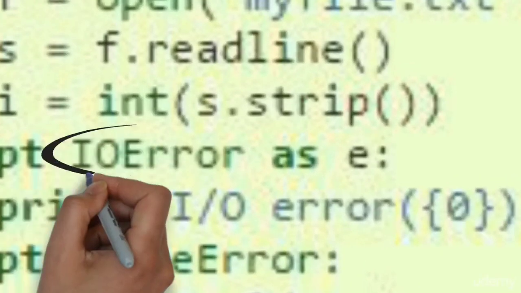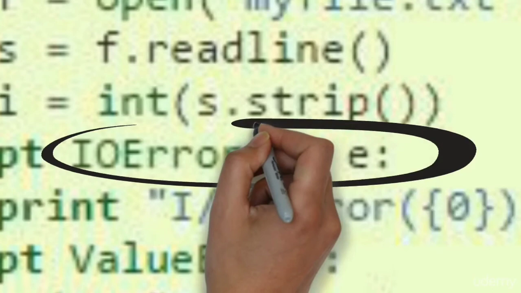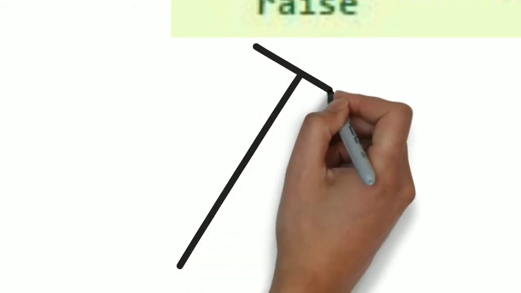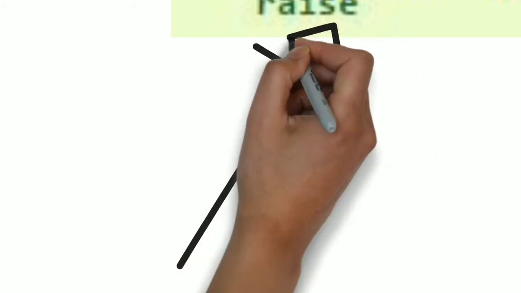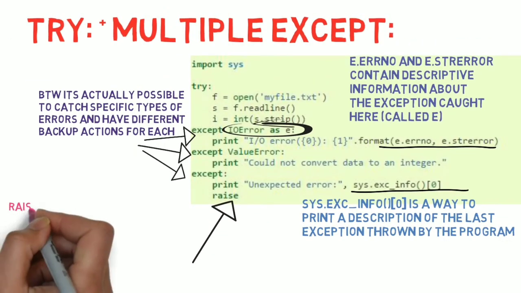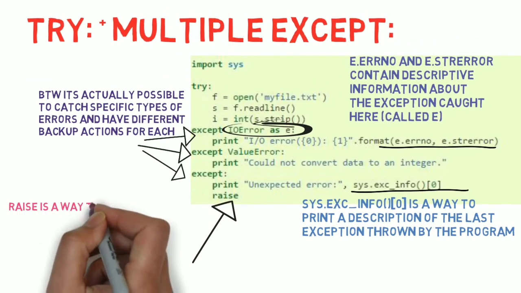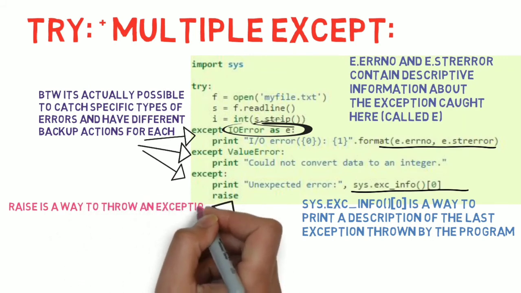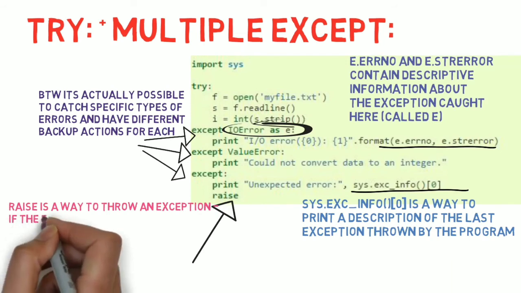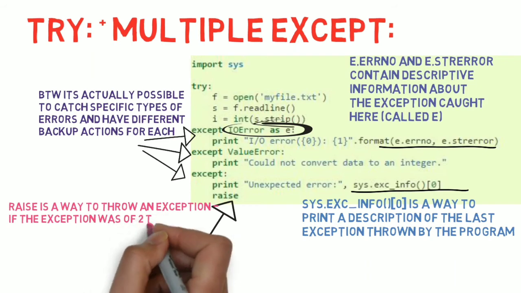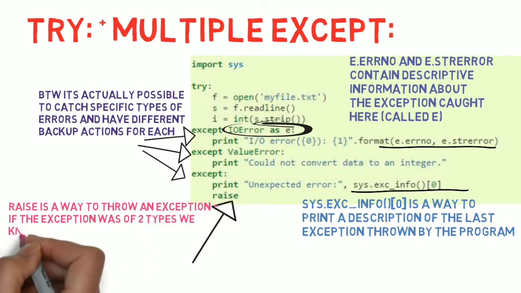Here we have told the program to do something different if the error is an IO error, and to do something different if the error is a value error. Raise is a way to throw an exception. Here you are explicitly telling the program to throw an exception and ask the user what to do.